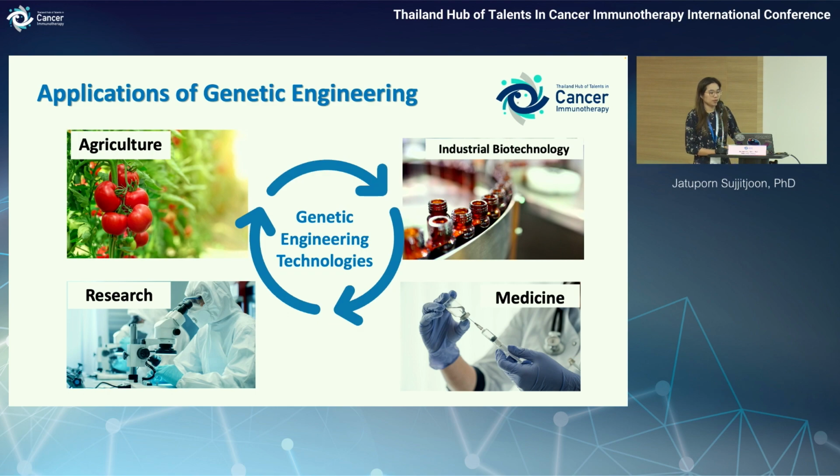For example, the technology can help to improve the yield and quality of plants and animals for agriculture, and can help to produce desired biological molecules in industrial biotechnology. In the field of research, it can help us to learn about cells and gene function in health and disease.